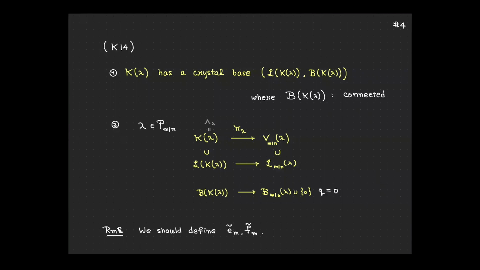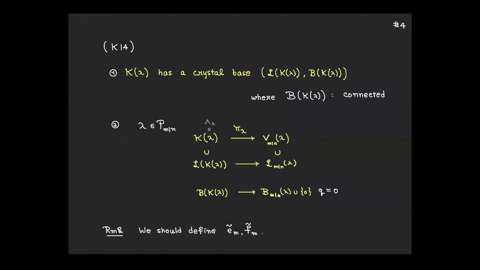And moreover, when the highest weight corresponds to the mn hook partition, so that the corresponding irreducible representation is a polynomial representation we talked about yesterday, then we also have a canonical projection from K of lambda to this polynomial representation.